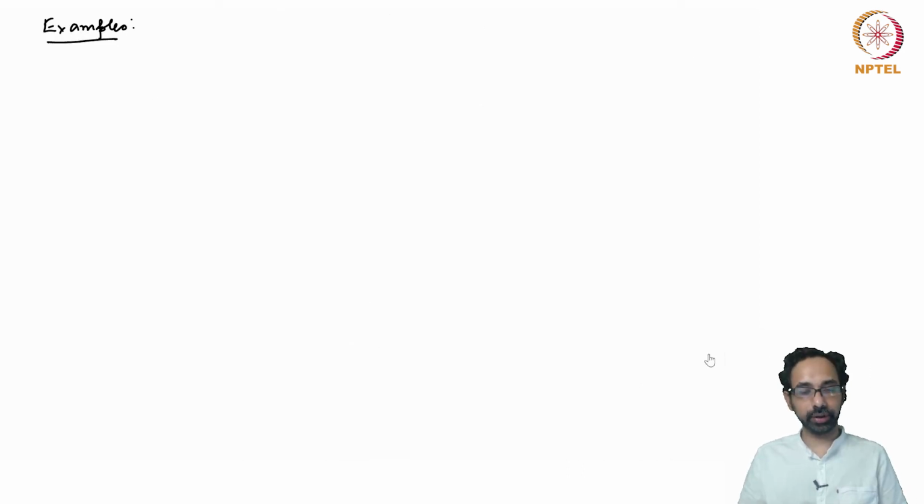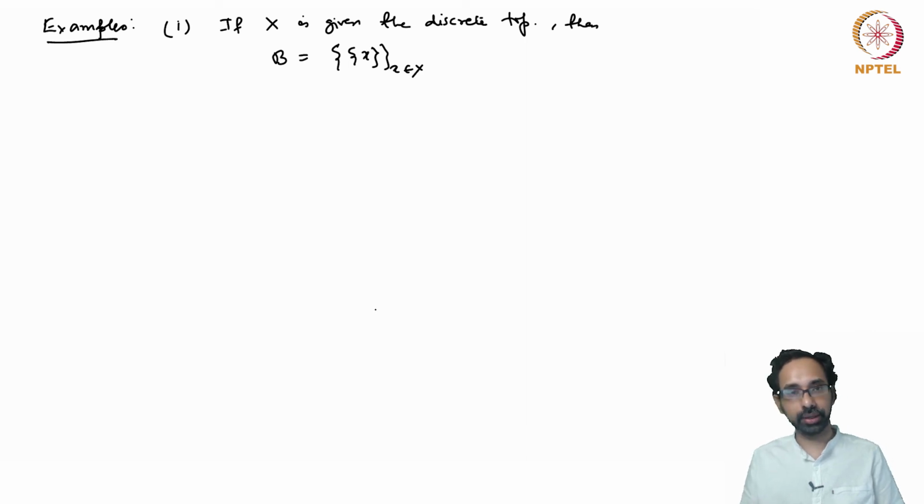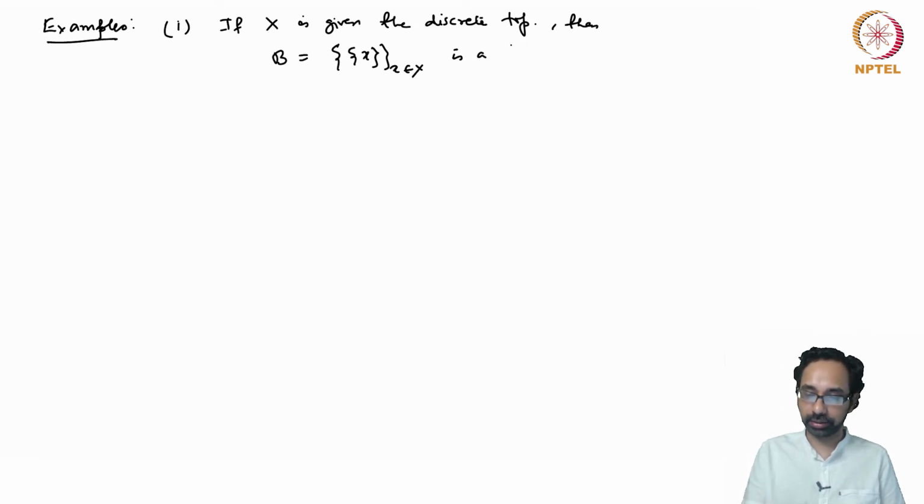So now let me give a couple of examples of subspace topologies. The first one is that if X is given the discrete topology, then we know that the basis for the discrete topology, as we have seen, B, which is just the one point sets of elements of X, is a basis for the discrete topology.